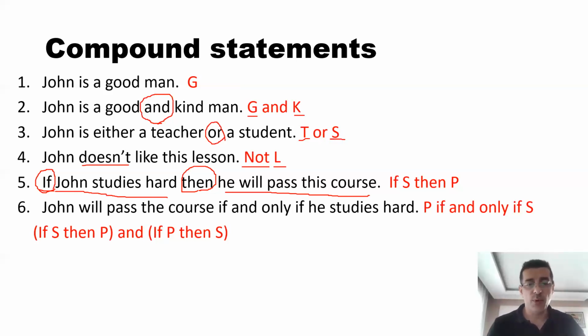And finally, there is one where we have, in a sense, three operators, or we can just call it one operator. If we consider it as one, we call it if and only if, which is called a biconditional or an equivalence. Then we have one proposition here, John will pass the course, and one here, obviously, he studies hard. So let's say this is P, pass, and he studies hard, S. So P, if and only if S, right?